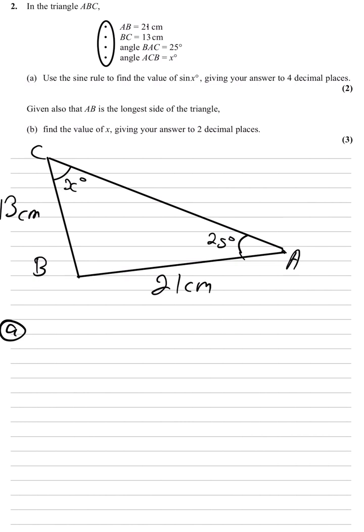So AB is 21 centimeters, BC is 30 centimeters, angle BAC is 25 degrees, angle ACB is X degrees. Pretty much almost always whenever you see a triangle that has letters defining it, the middle one is going to be the angle, like the right angle in the case of a right-angled triangle, but the trend with these is that they're probably not going to give you that middle angle.